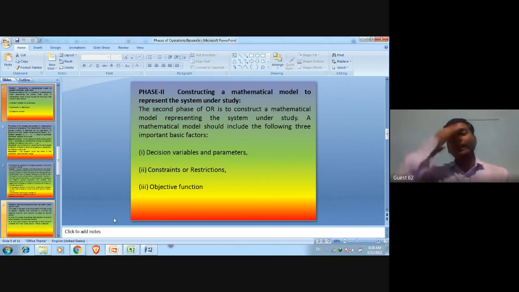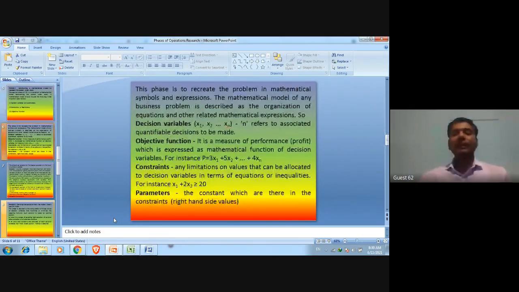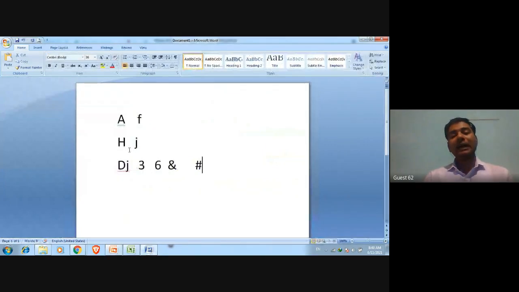Let us see an example of how these can be defined. This phase is to recreate the problem in mathematical symbols and expressions. These are the only symbols which represent our problem.